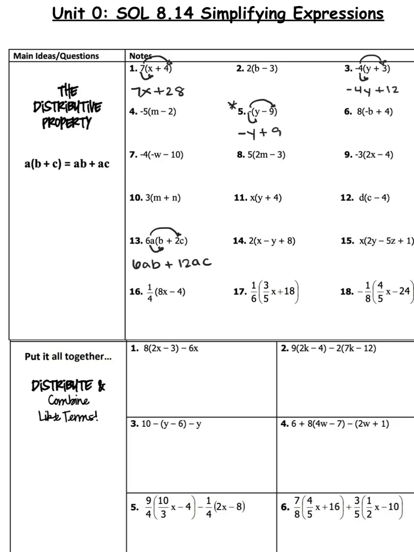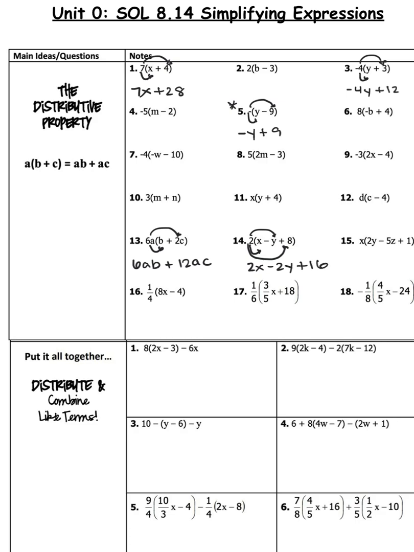There's nothing else that I can do to simplify that anymore. Looking at number 14, I'm going to distribute my 2 to my x, my 2 to my y, and my 2 is also going to be distributed to my 8. So I get 2x minus 2y plus 16.